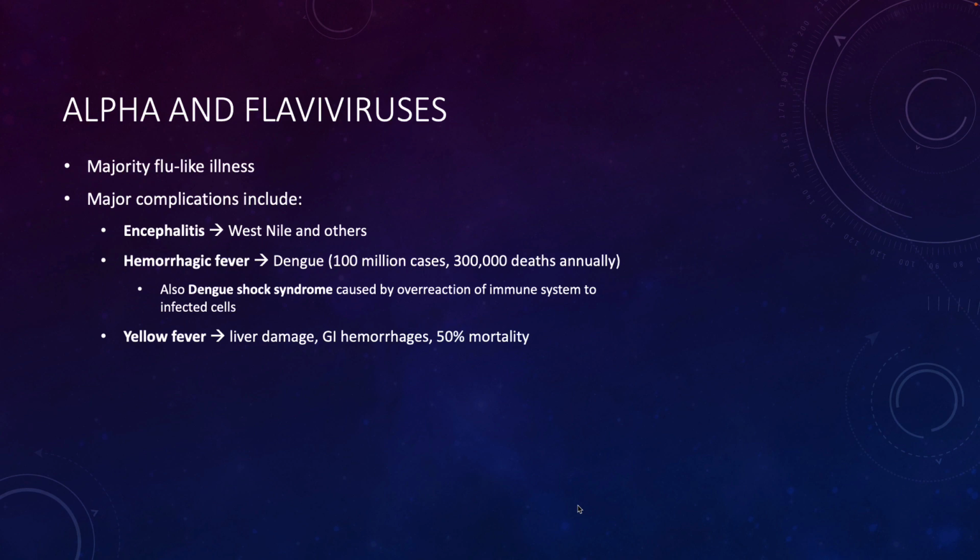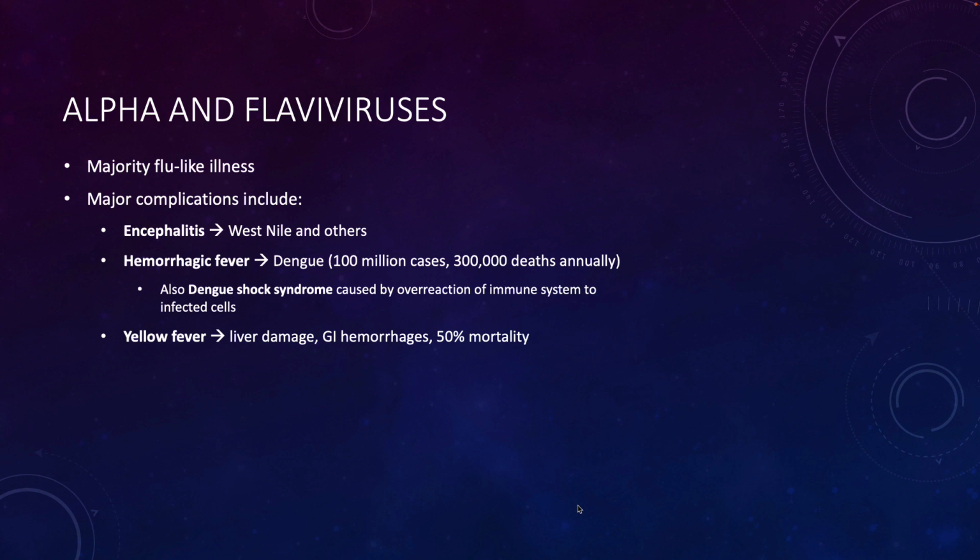The majority of patients who experience symptoms, though, will only experience flu-like illness. And as we've talked about already, some of the major complications include encephalitis, so West Nile and all those other encephalitis viruses, and hemorrhagic fever, which can be seen in dengue.